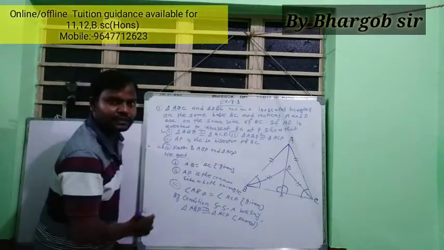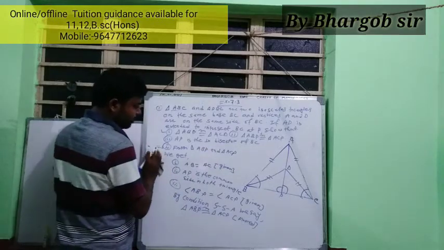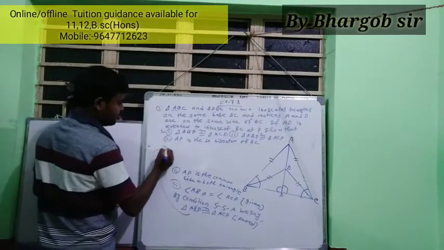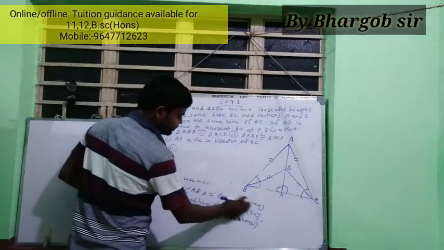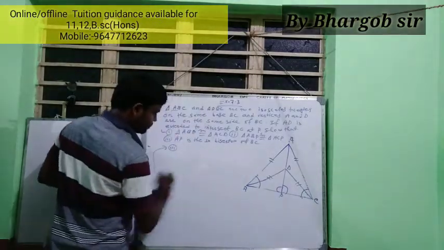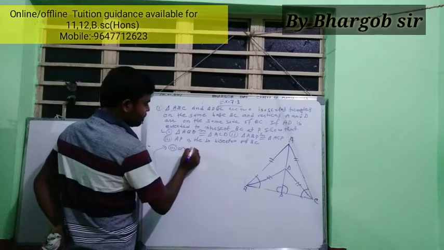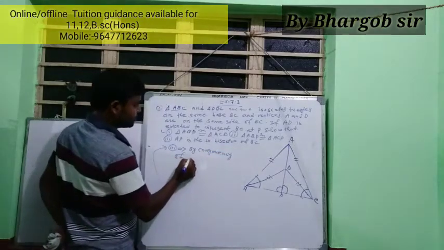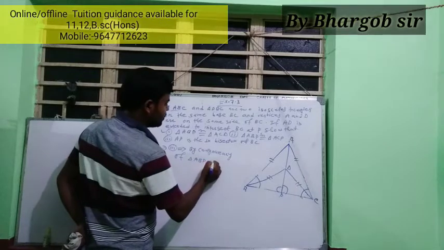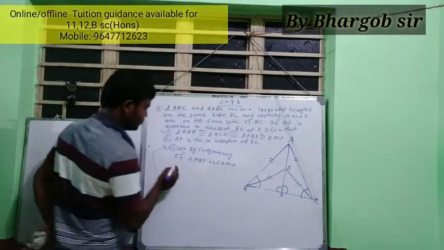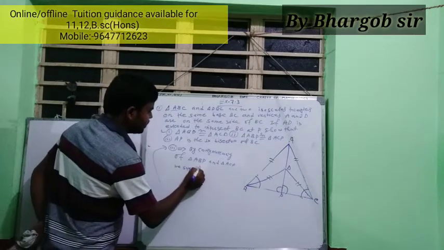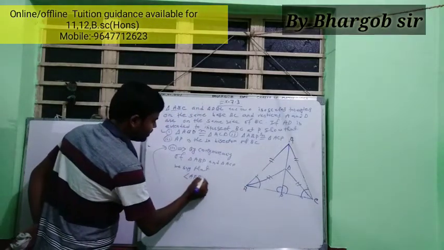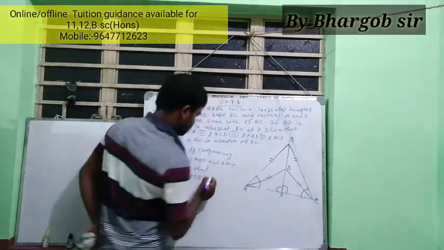So we can write, number 3, by congruency of triangle APB and triangle ACP, we say that angle APB is equal to angle APC.